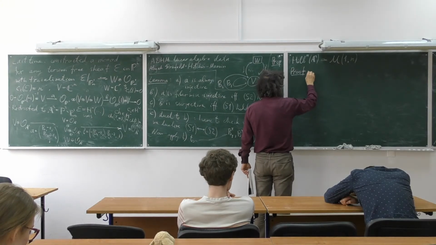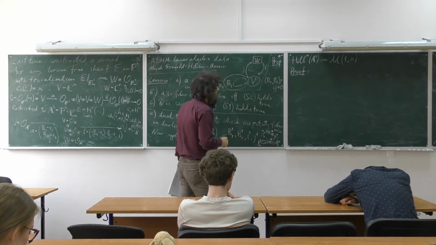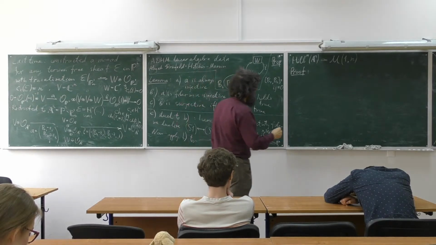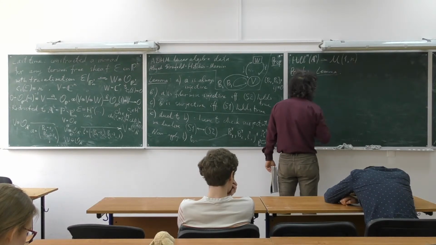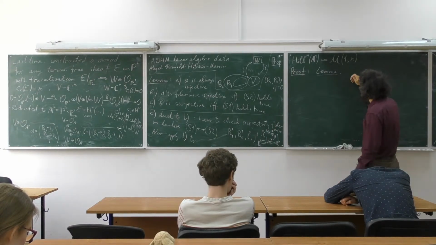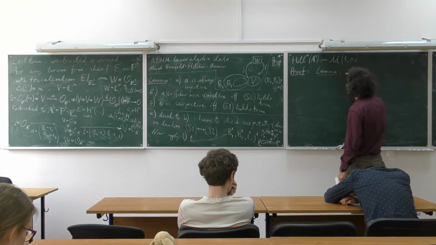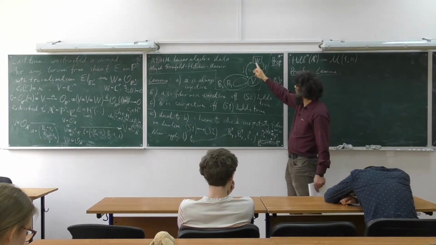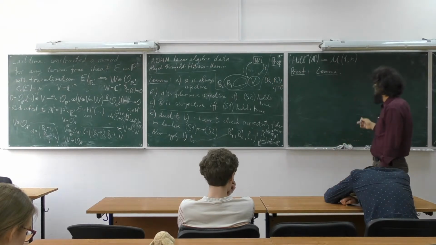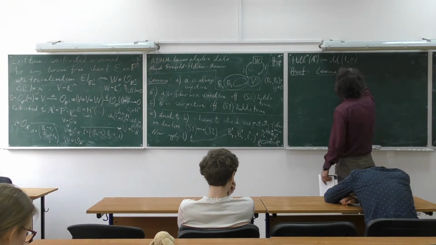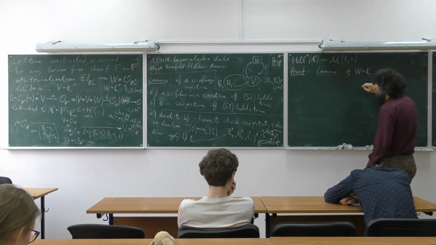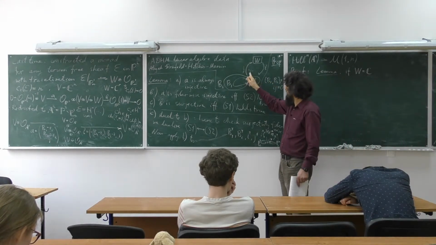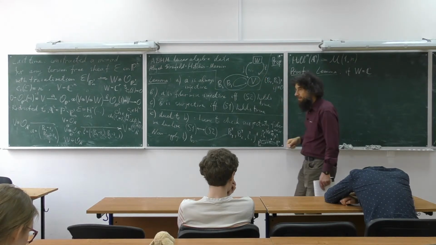And the proof requires a lemma from linear algebra that we will skip. So it says that in this situation, when W is one-dimensional, so it's very specific for this situation, so that J is a functional and I is a vector.